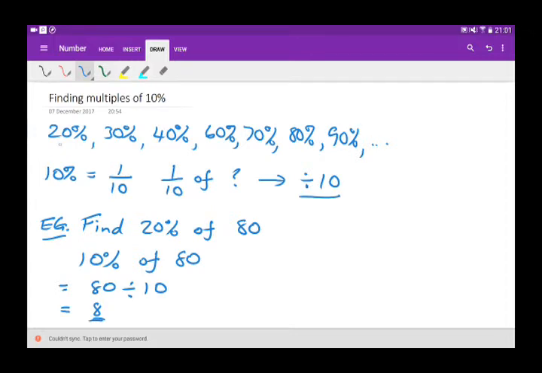We could find 20%, multiply by 4, and that'll give us 80%, because 80% is 4 lots of 20%. So you can be creative in working out certain percentages, but basically for any multiple of 10%, you can use this method. Find 10% and multiply by the number of 10%s that make up the percentage you are trying to find. Okay, thank you very much.